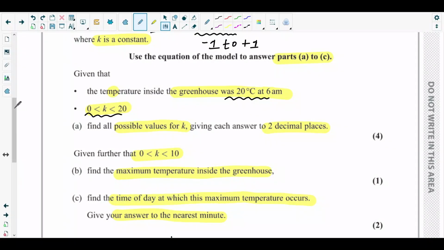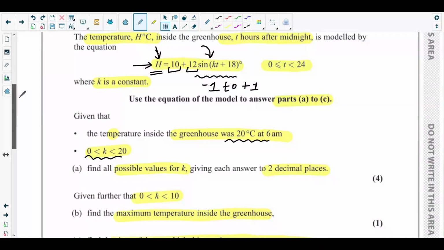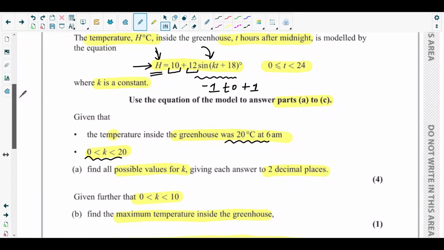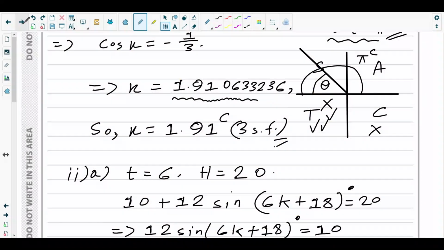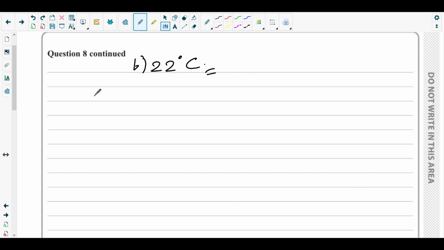Remember in part B, when we considered the maximum value of h, it depended on the value of sine theta. When the value of sine theta is +1, we will get the maximum value of h. So we will equate sine(kt + 18) to +1 when h is maximum.